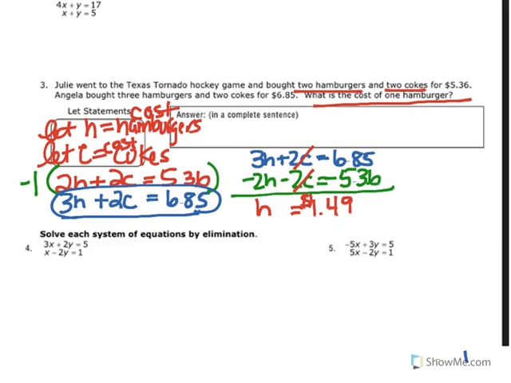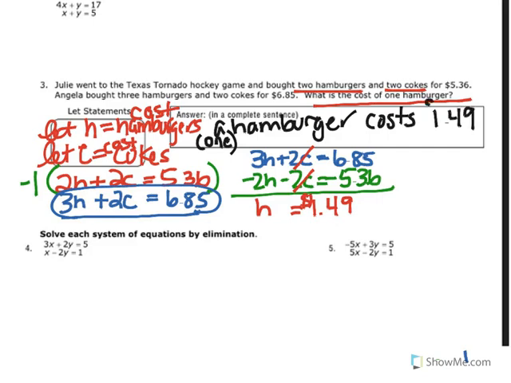So we can write here in the little call-out box, one hamburger costs $1.49. Now, I went ahead and solved this equation.